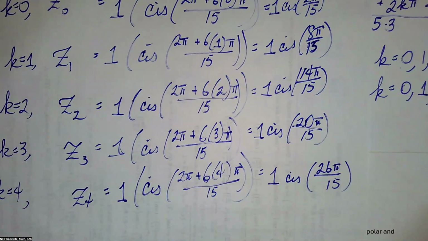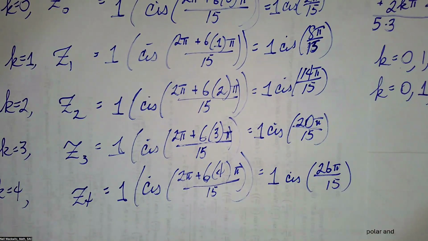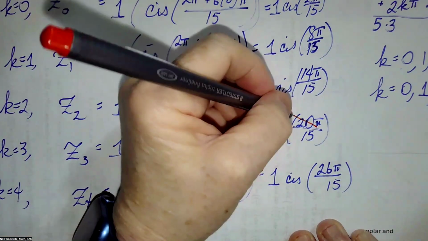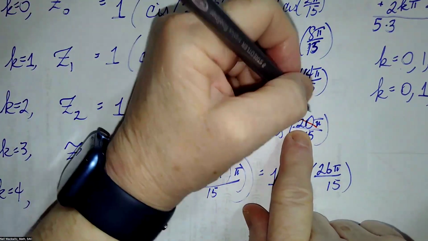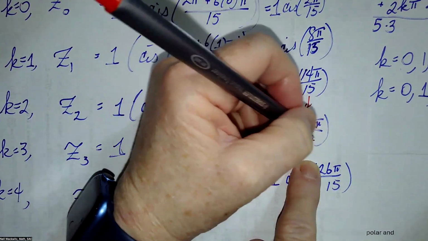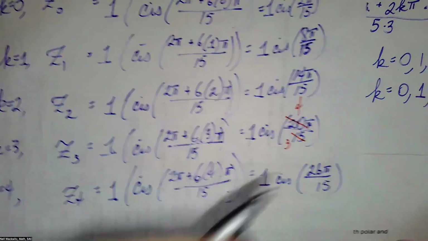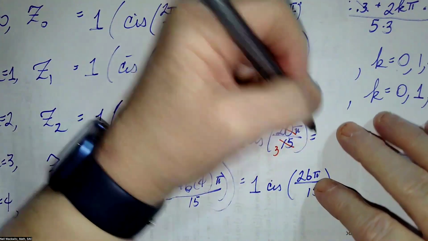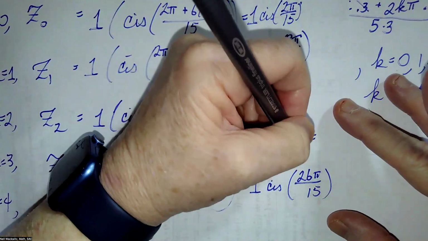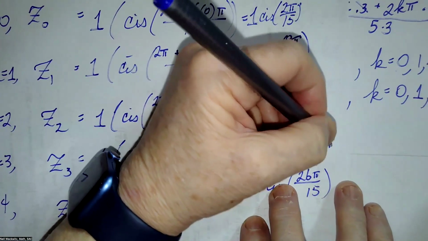And let's go ahead and reduce. 5 goes into 20 4 times. 5 goes into 15 3 times. So this z sub 3 will be 1 cis 4 pi over 3.